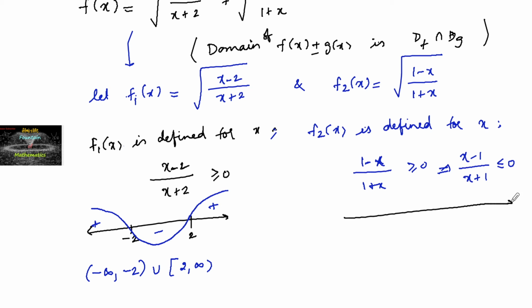Let's take the number line and mark the points. For x minus 1 we get plus 1, and for x plus 1 we get minus 1. So let us arrange them in order and start taking the curve from the rightmost side. Since the powers of the linear factors are odd, it changes from positive to negative and negative to positive.